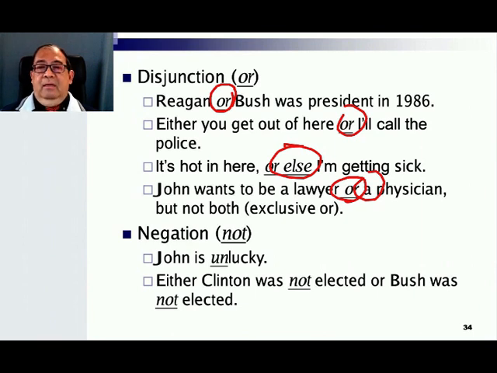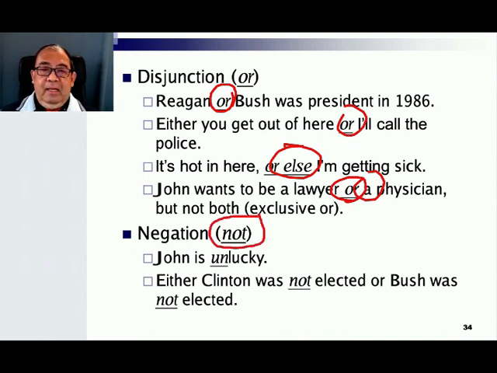Usually you say Reagan or Bush. Either you get out of here, or I will call the police. It is not in here, or else. Or else is equivalent to or. John wants to be a lawyer or a physician.